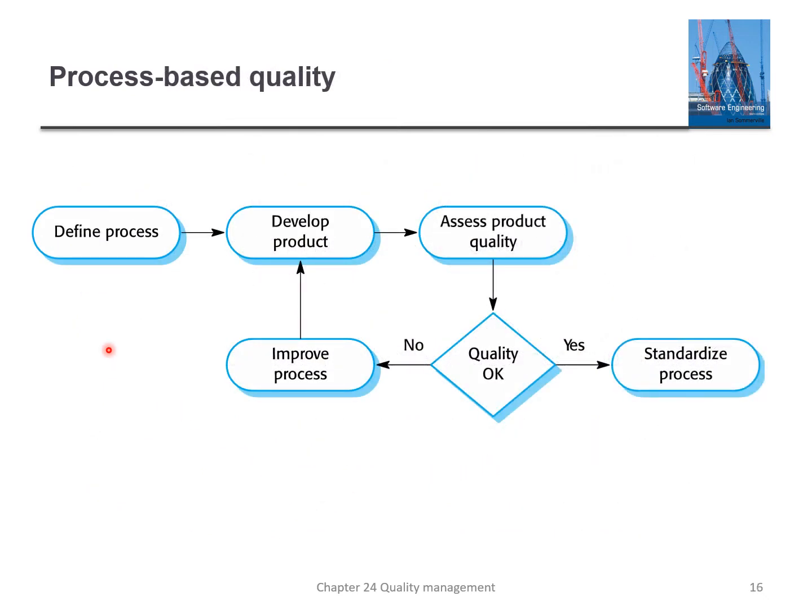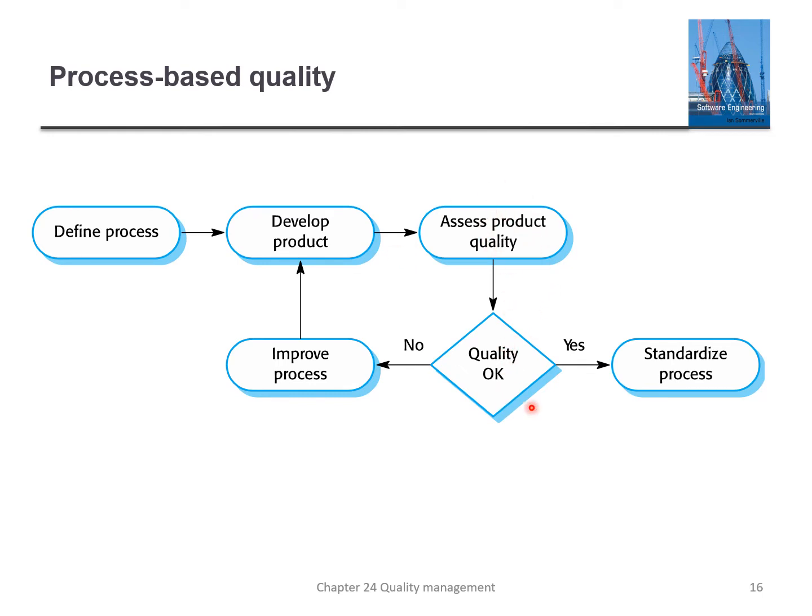Right. So these are some very logical explanations about how you would like to produce quality software, but focusing more on the process aspect. Before the development is done, they define the processes first. If you want to develop the software, what are the processes that you are going to do first? A, B, C, D, and so on. And then you develop the product. And then you assess the quality, you check the quality of the product.